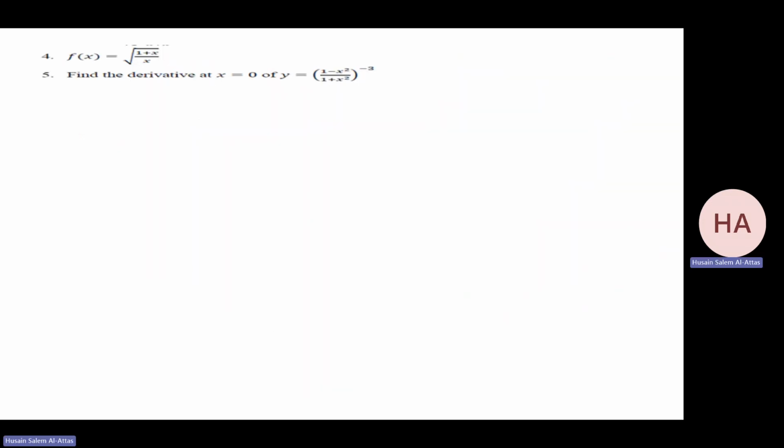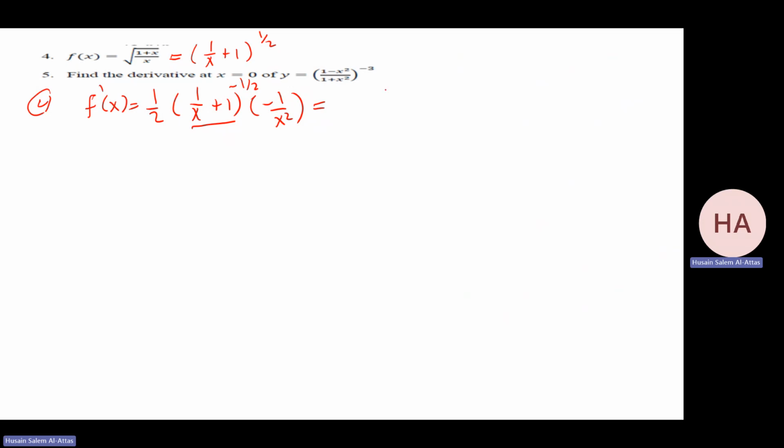Okay. This one, f prime, or first let me write f. I can write it here. That will be what? 1 over x plus 1 to the power half. So it will be f prime, half, 1 over x plus 1 to the power minus half, times the derivative of this, which is minus 1 over x squared.